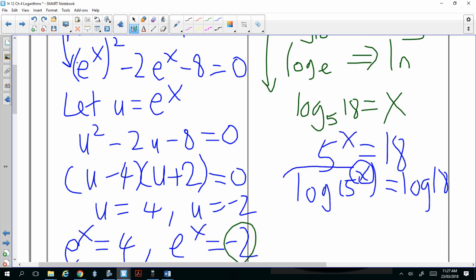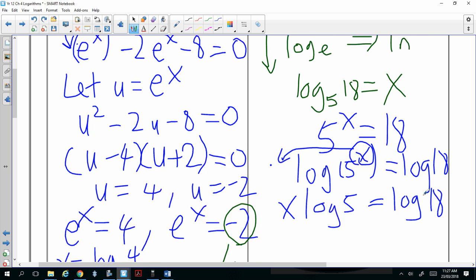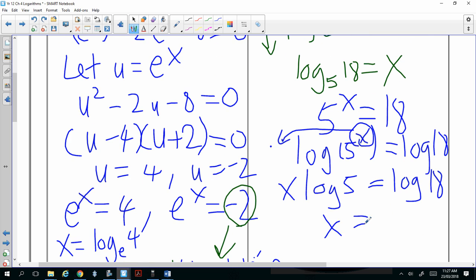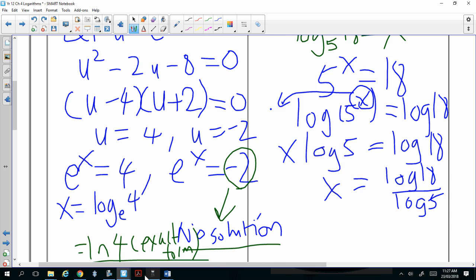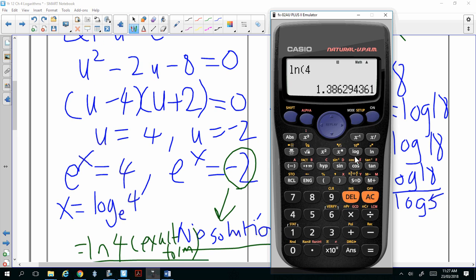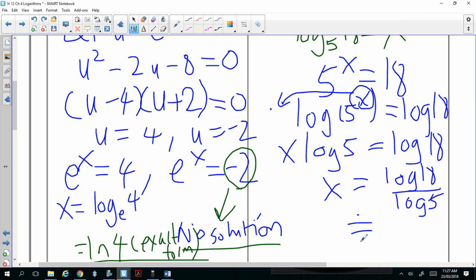So x equals log 18 over log 5. Okay? And then use your calculator: log 18 divided by log 5, close bracket, 1.80. So basically what we're saying is that log base 5 of 18 is approximately equal to 1.8.